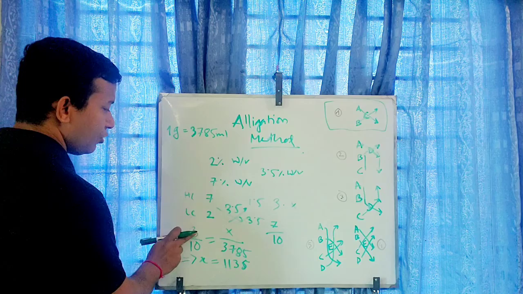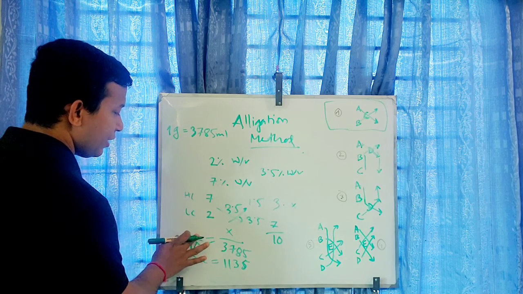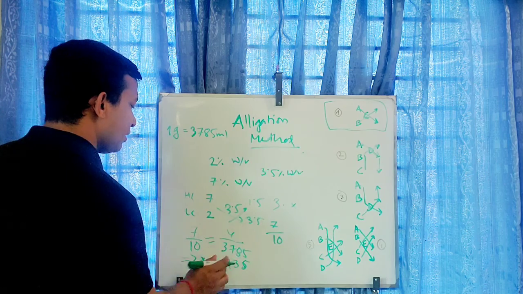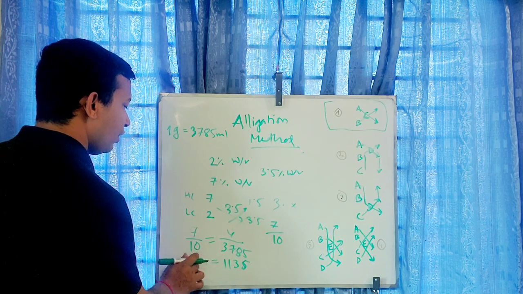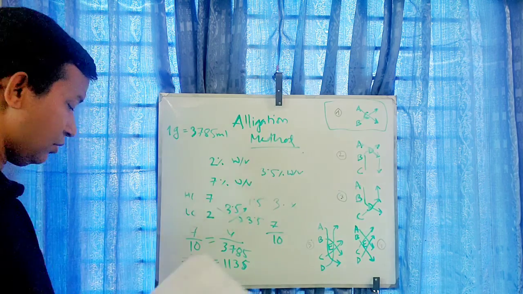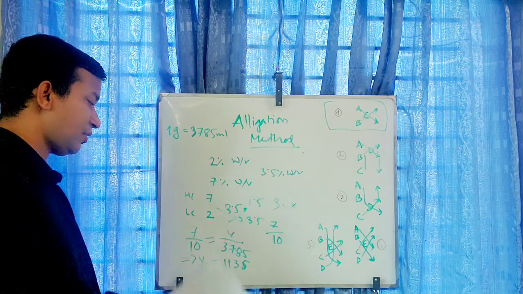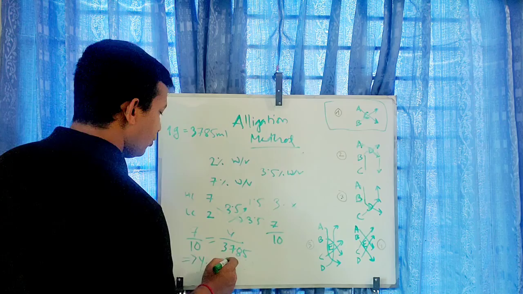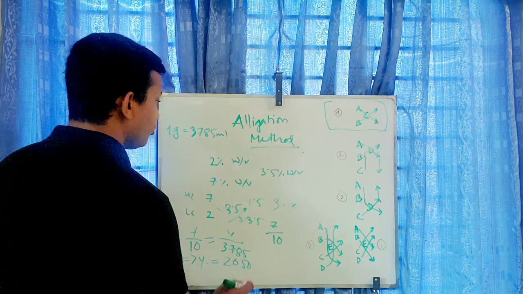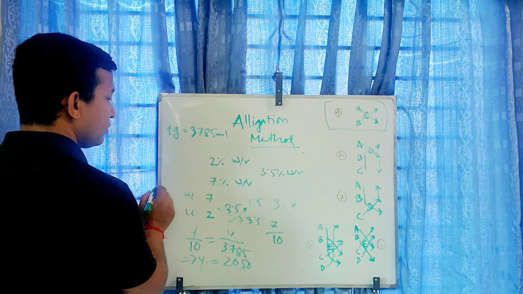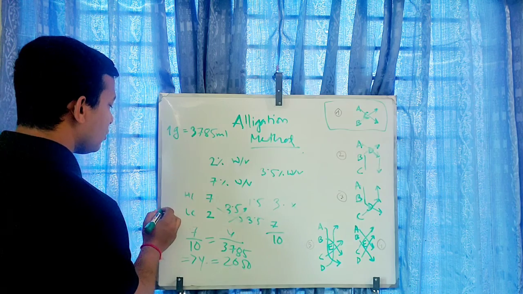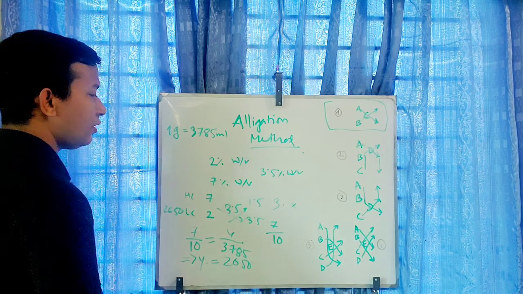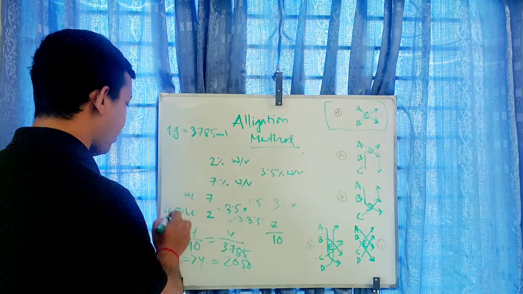like here it will be 7 by 10 and it will be y by something, and then y will be 2650. So ultimately, let me write here 2650, and another one is 1135.